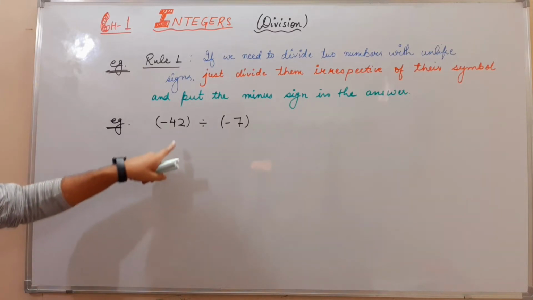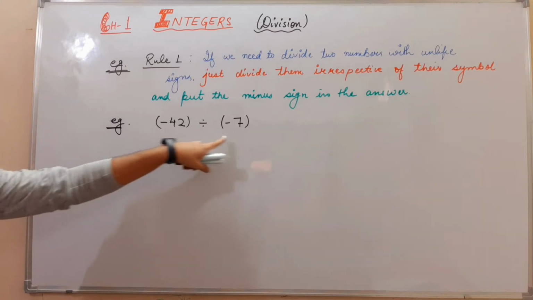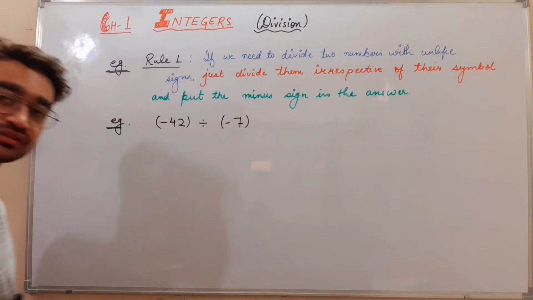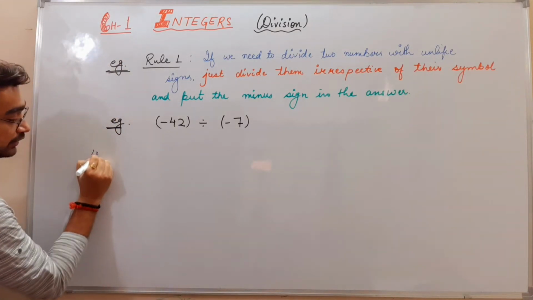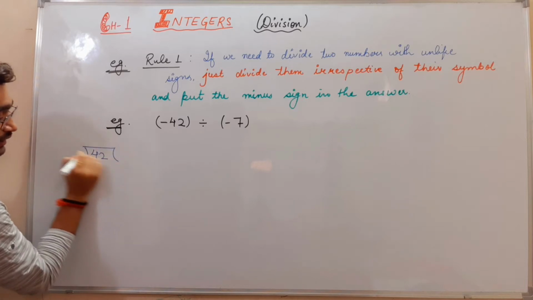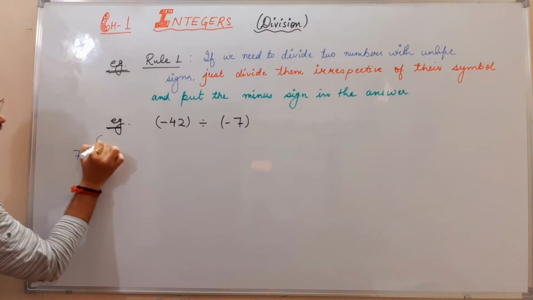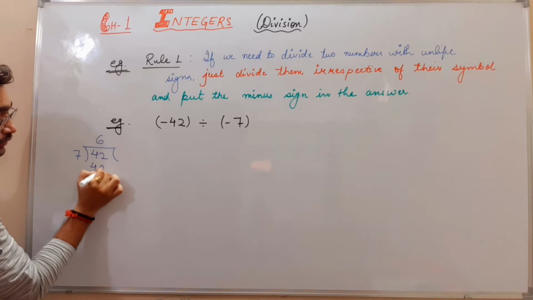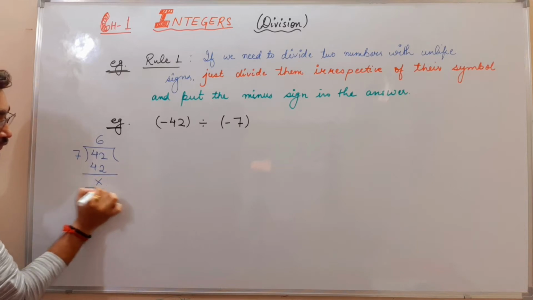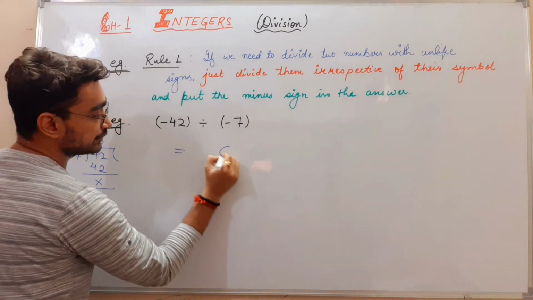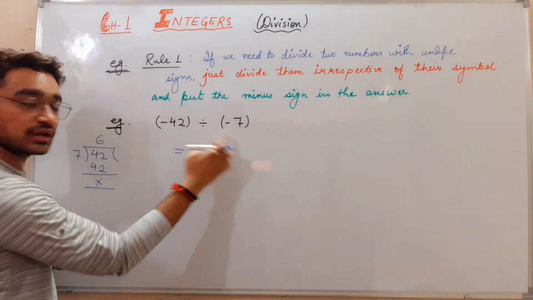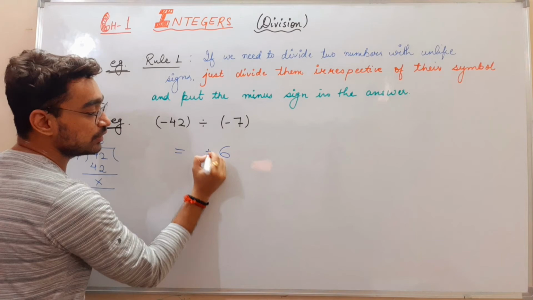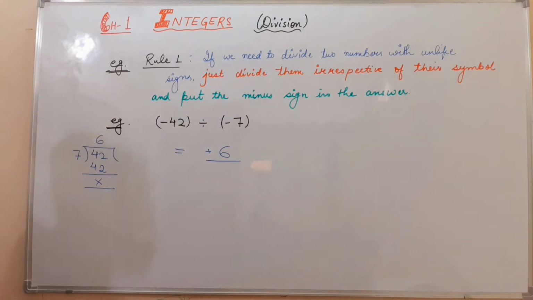I am seeing that both are having same signs, both are negative. So just divide them. In the rough column, that is 42 divided by 7. Everyone knows that 7 sixes are 42. What will be your answer? 6. If both are positive or both are negative, means both are having same symbol, the result will be the positive 6.